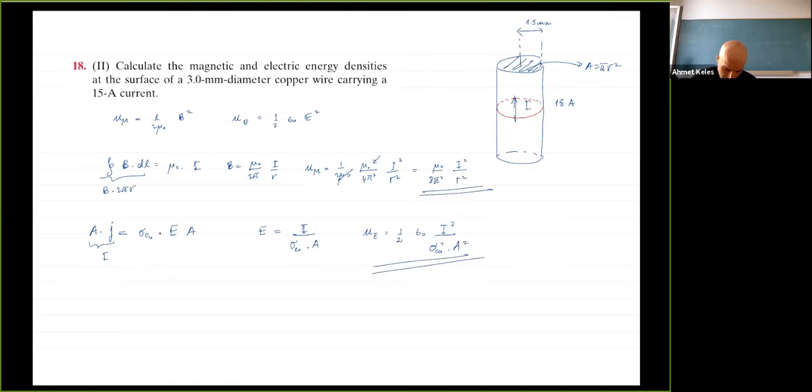And I think you can put the numbers. Here, current is given, radius is given. You can calculate area, and you can look at the conductivity of copper from your book.